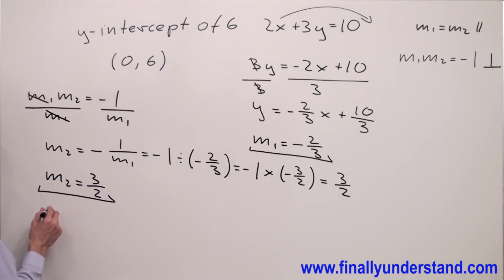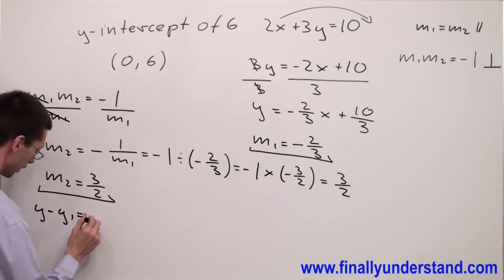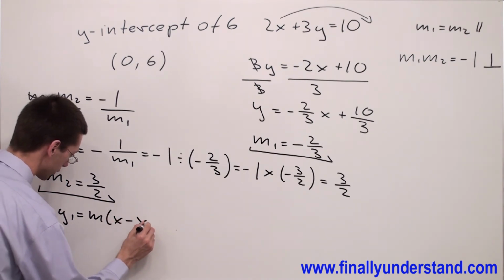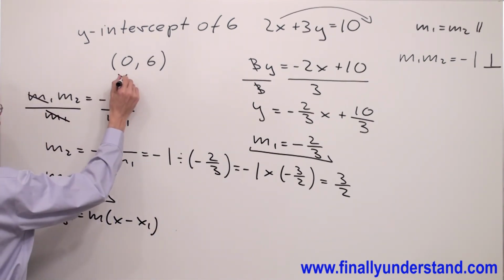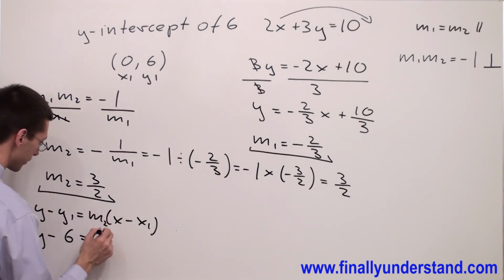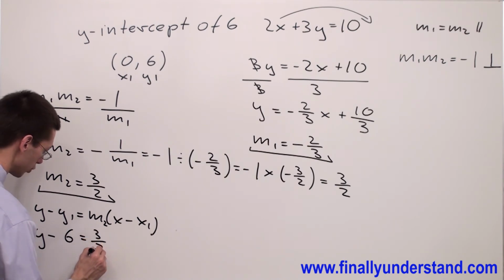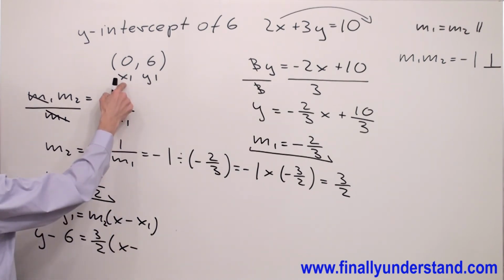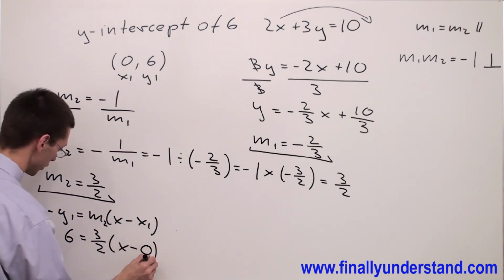I have y minus y1 is equal to m times x minus x1. This is my x1 and this is my y1. So I have y minus y1, which is 6, equals m2, in this case 3 over 2, times x minus x1, which is 0.